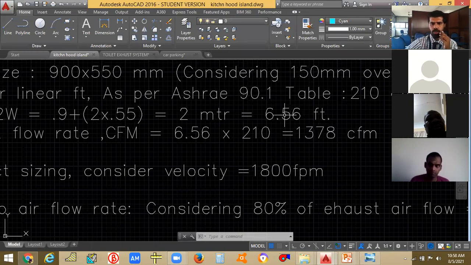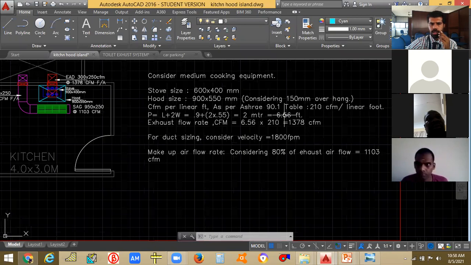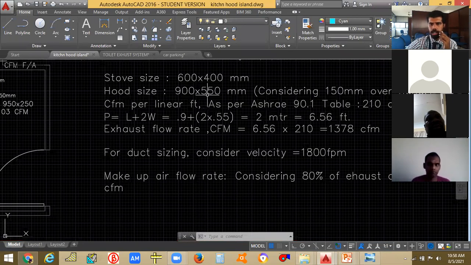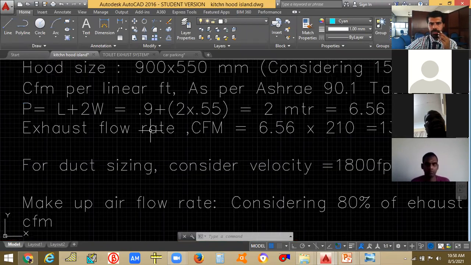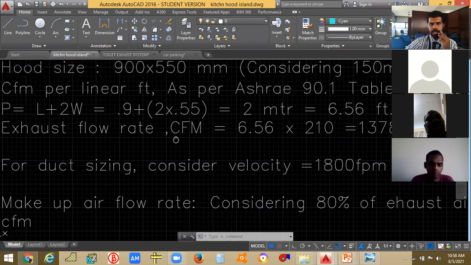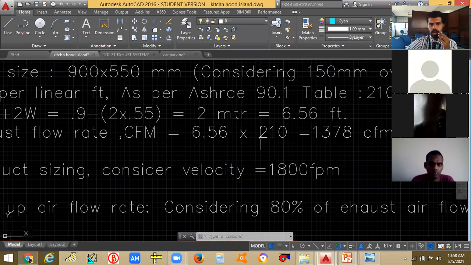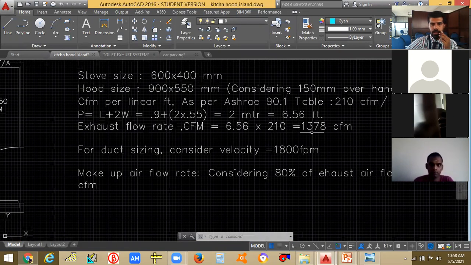I have just shown you how to draw it. You know how to take the dimensions of all these things. You know, right? We have already done it. Now exhaust flow is in CFM. We just multiply these feet into 210. 210 you will be getting from the ASHRAE chart. Okay. You'll be getting 1378 CFM. For duct sizing, consider velocity 1800 FPM.